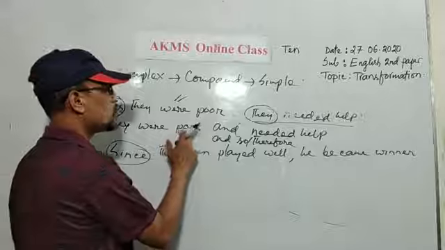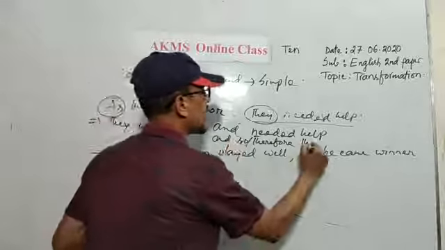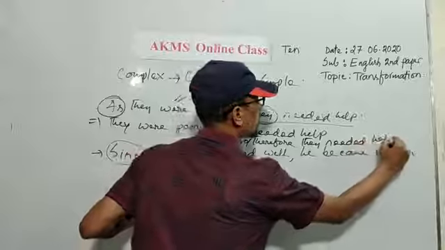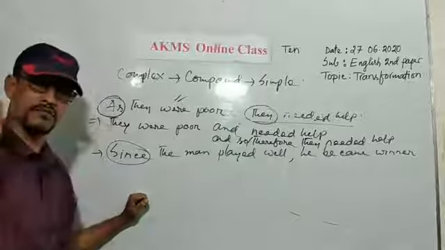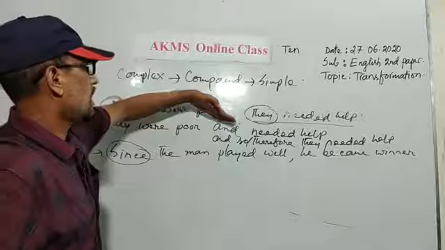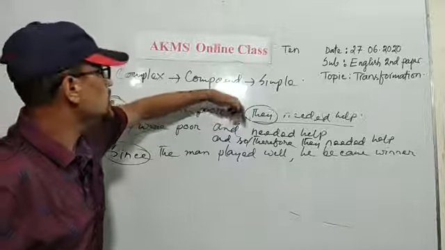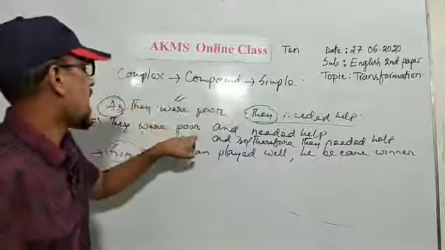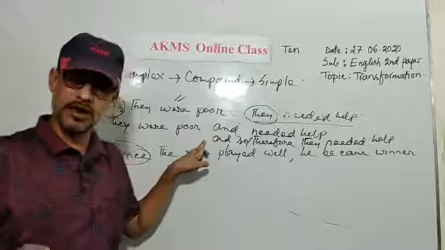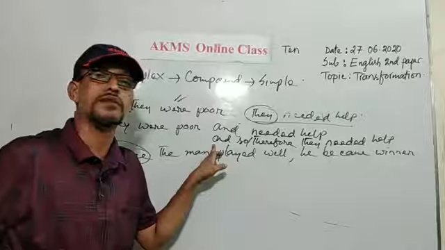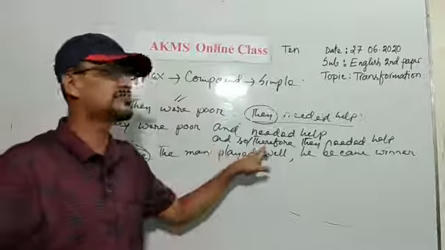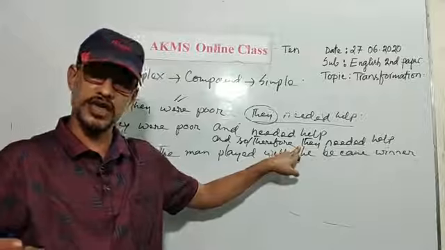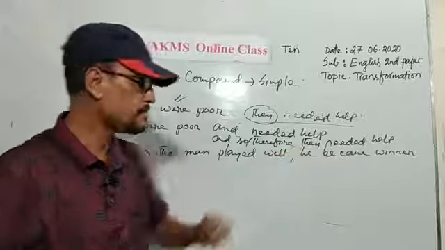They were poor and so they needed help. After and, you should not use the subject. But if you combine the compound sentence with the use of and so or and therefore, then you must use the subject again. Okay?